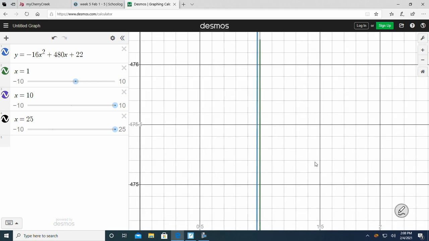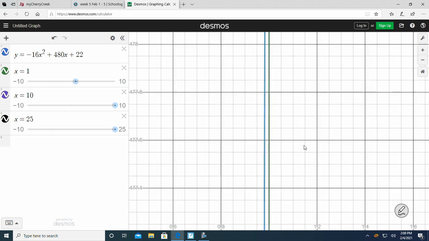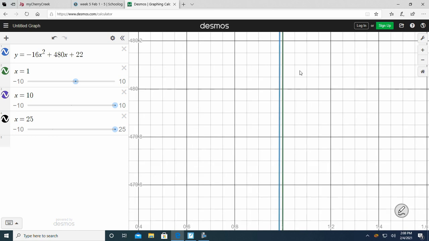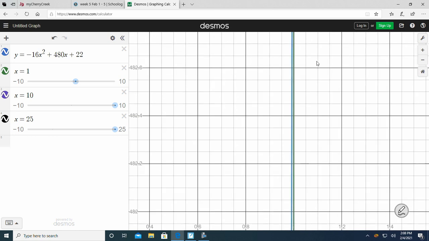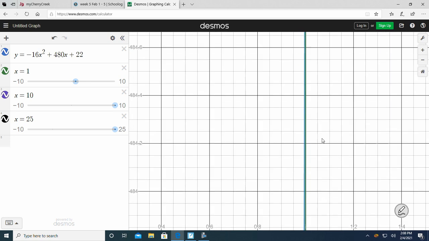Zoom in a little bit more. Zoom in a little more. When I zoom in, it gets wider because I'm basically using a microscope. We're almost there.